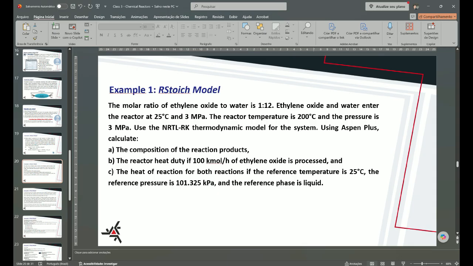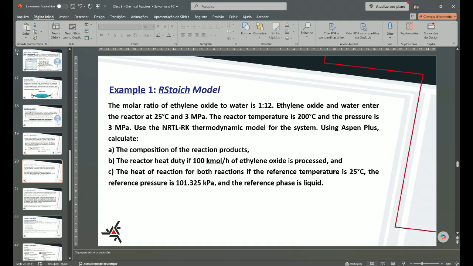The reactor temperature is 200 Celsius degree and the pressure is 3 megapascal. Okay, use the non-random two-liquid Redlich-Kwong thermodynamic model. That means non-random two-liquid for the activity coefficient and Redlich-Kwong for fugacity and the fugacity coefficient. Okay, for the system, and we will be using Aspen Plus to calculate the composition of the reaction products.